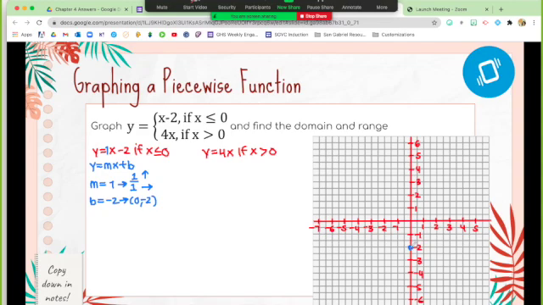That point is right here. And then I am going to move up 1 on the graph and then move 1 to the right.